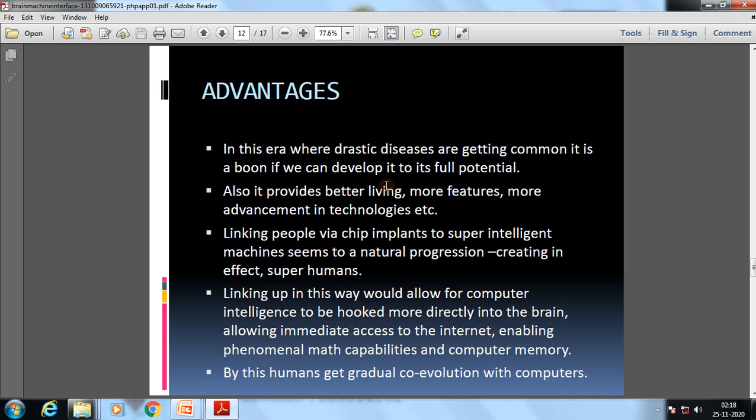Linking up in this way would allow computer intelligence to be hooked more directly into the brain, allowing immediate access to the internet, enabling phenomenal math capabilities and computer memory. By this, humans can get gradual co-evolution with computers. These are the advantages of brain-machine interface.